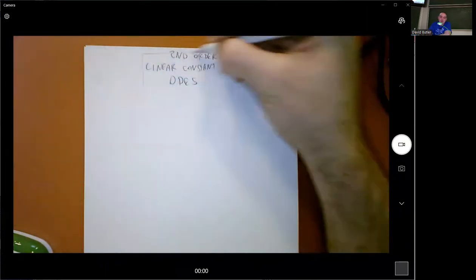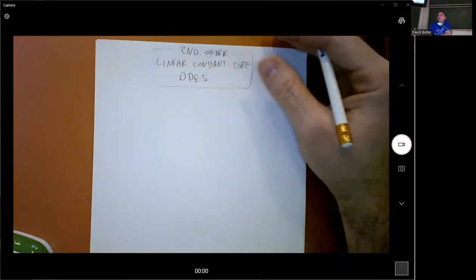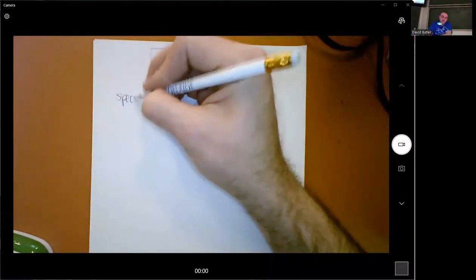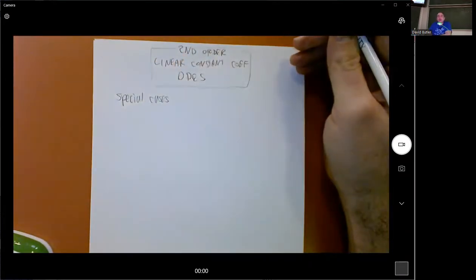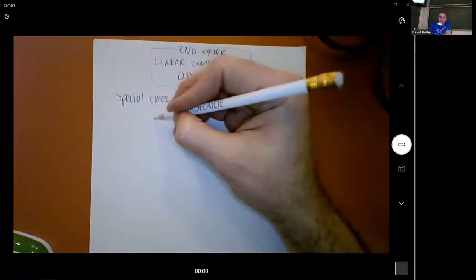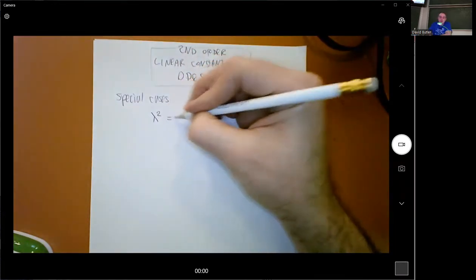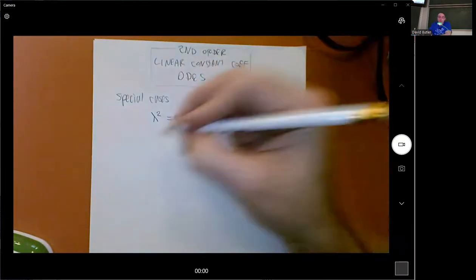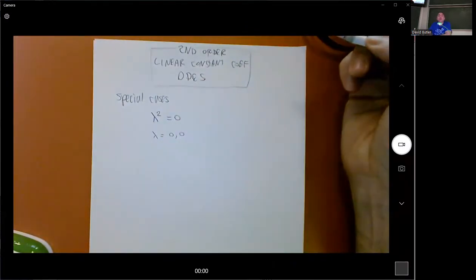Second order linear constant coefficient ODEs. Okay, cool. And just some special cases. Here we go. Ready? What if the lambda squared was 0? Then that would mean that lambda would be 0 and 0, which is a repeated root.